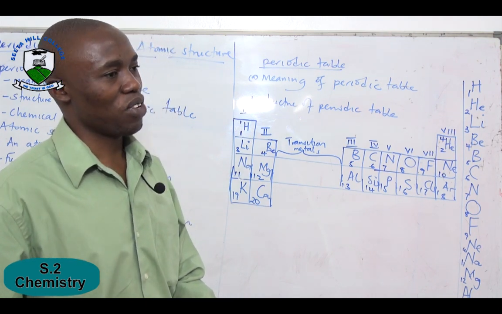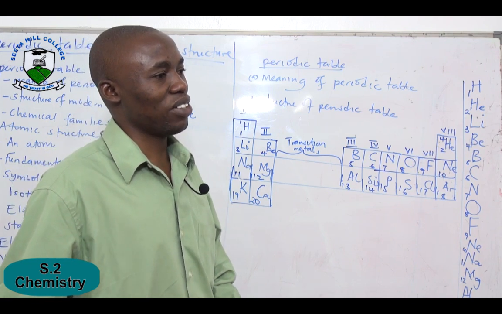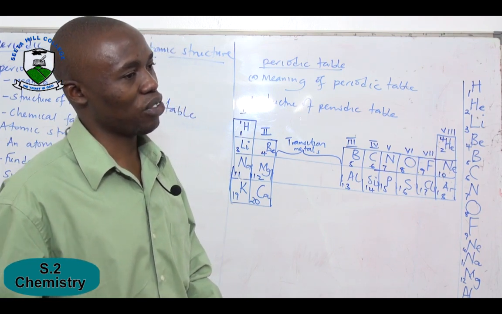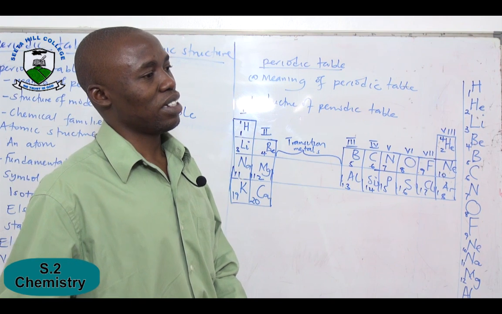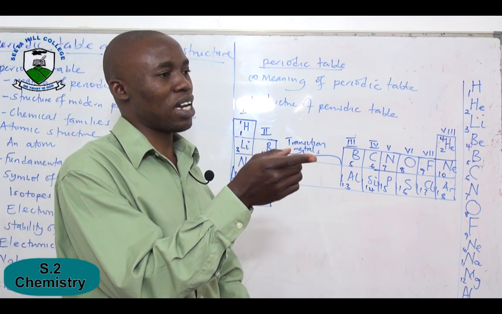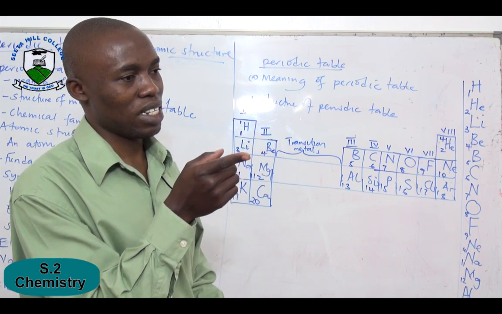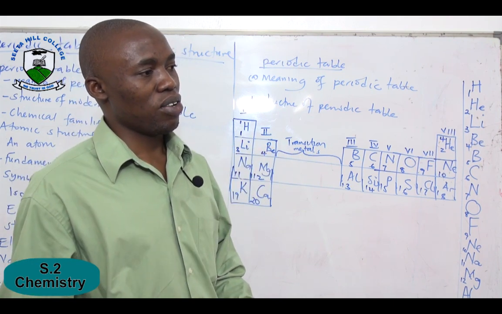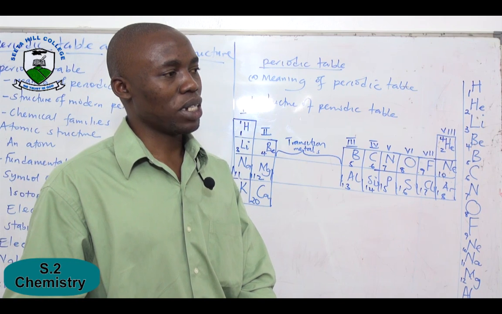They are where you find elements like copper. Do you see copper there? We have a substance there called copper sulfate. Do you notice that substance called copper sulfate there?